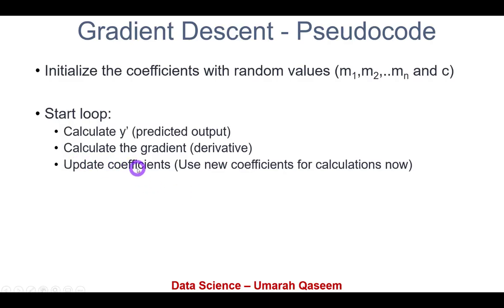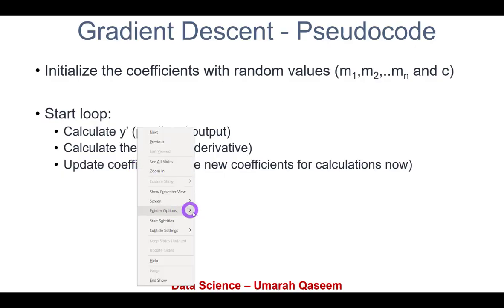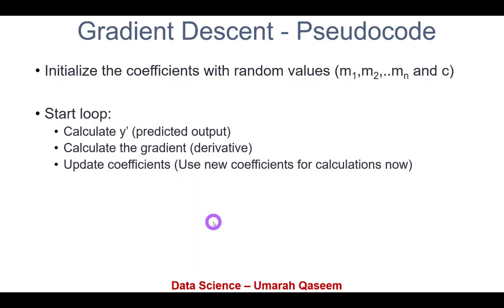It's actually, let's see, if you have m, you update it with m minus the learning rate times the derivative, I think. This is how you do it. I'll show you too after this.